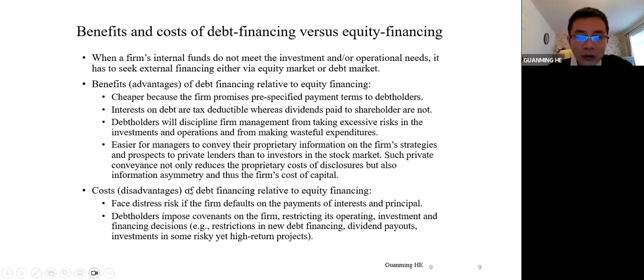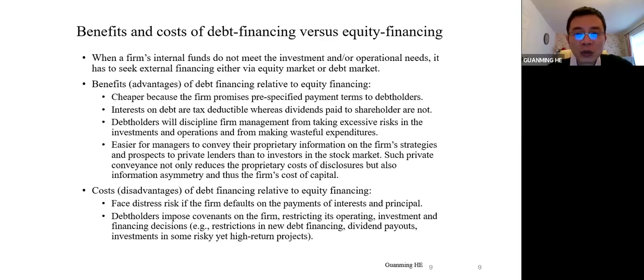There are also costs of debt financing relative to equity financing. If the companies raise excessive debt, then the companies will face high distress risk in case the firm defaults on the payment of the interest and principal. More importantly, the debt holders have the right to impose covenants on the firm, restricting the company's operational, investment and further financing decisions, and that will not be good for the firm.